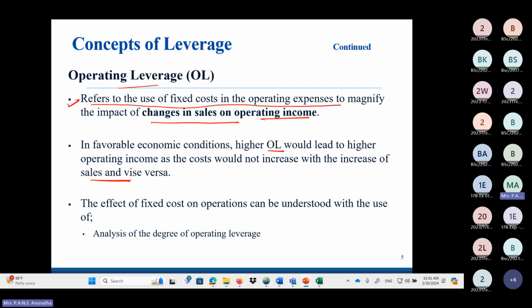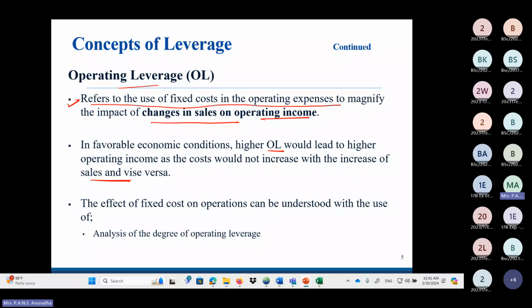In a favorable economic condition, having higher operating leverage would lead to higher operating income. Why? These fixed operating expenses are not increasing with the sales. So ultimately, the impact of the changes in the sales on the operating profit is positive.